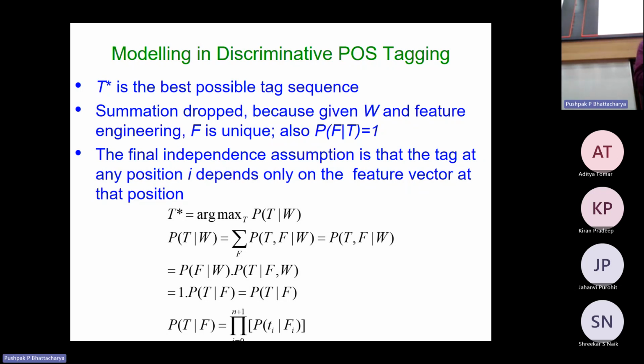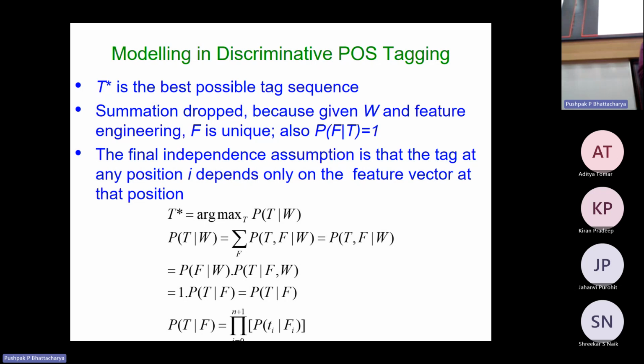And we have probability of T given F comma W. We absorb words and their properties in the feature vector F itself, so I can drop W because it is already accounted for in F. So from probability of T given W, we have come to probability of T given F.